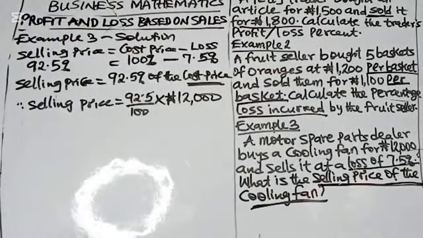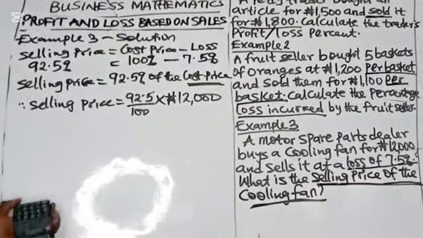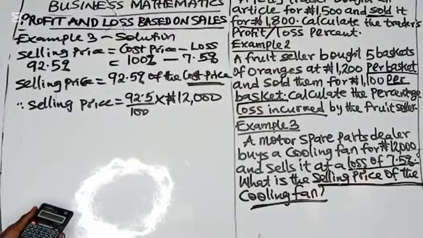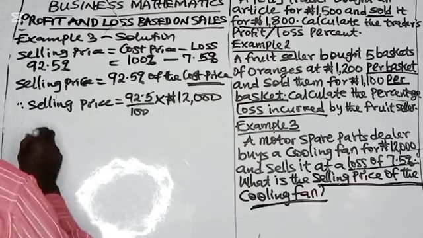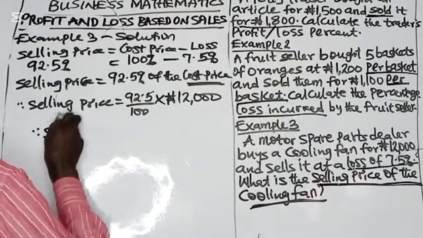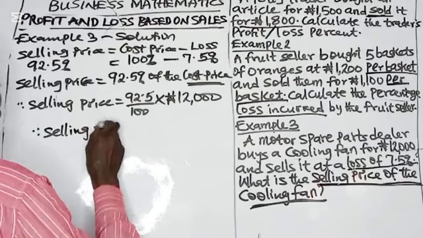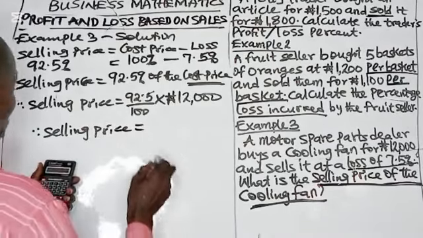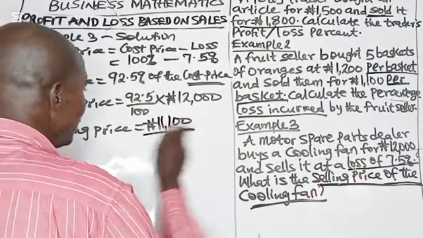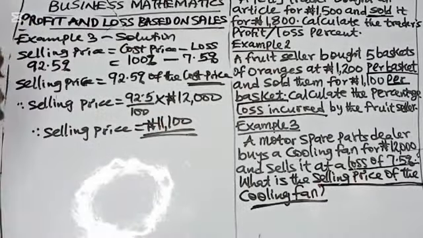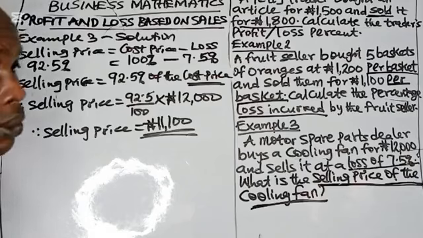Calculating 92.5% of 12,000 gives 92.5 divided by 100 times 12,000 naira. So we have 11,100. Therefore, the selling price of the item equals 11,100 naira. This is the end of the solution to the question.